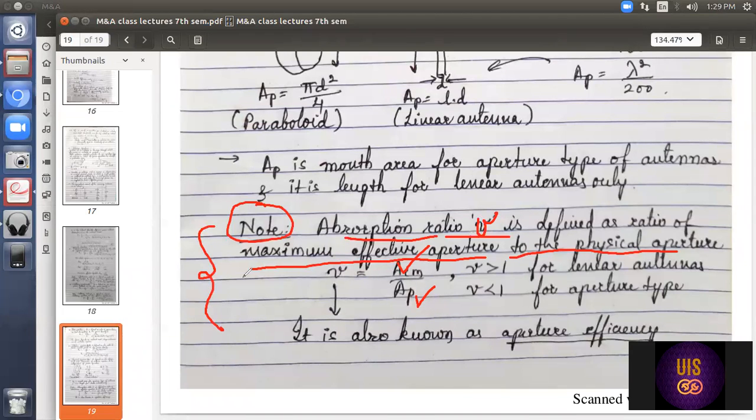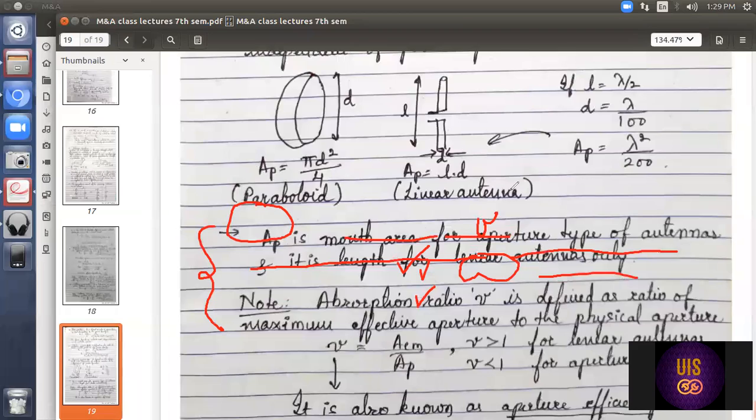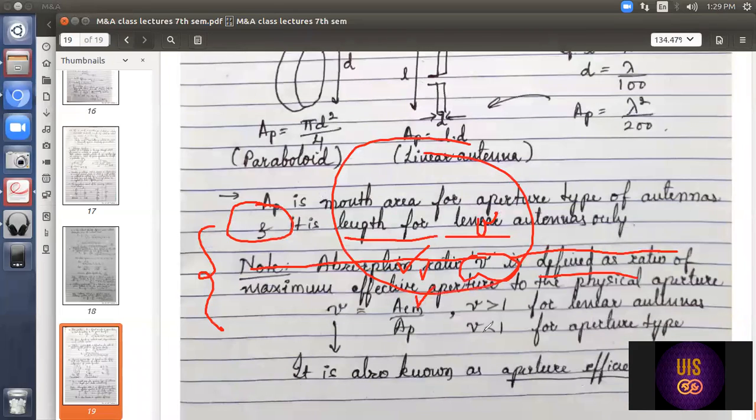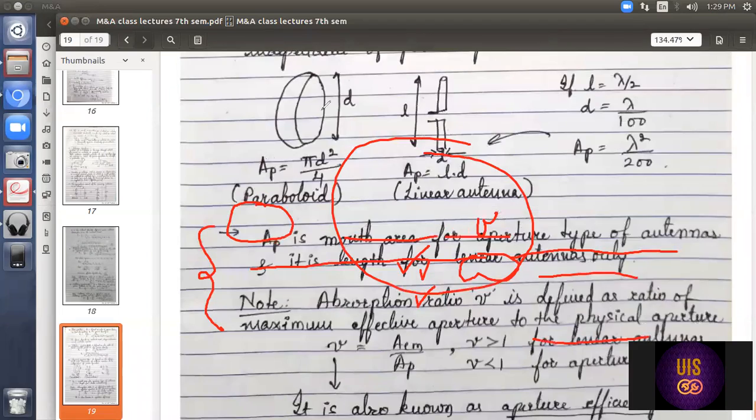We have seen effectiveness ratio and scattering ratio earlier as notes. This is the third ratio, absorption ratio v, which is AEM by AP. This value is greater than 1 for linear antennas. What is a linear antenna? This is a linear antenna. And the value is less than 1 for aperture type of antenna.